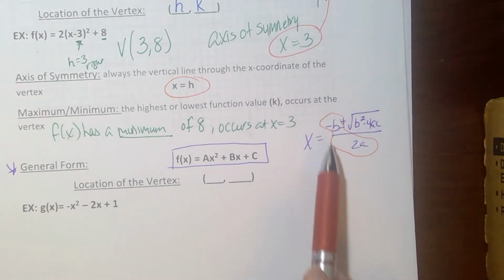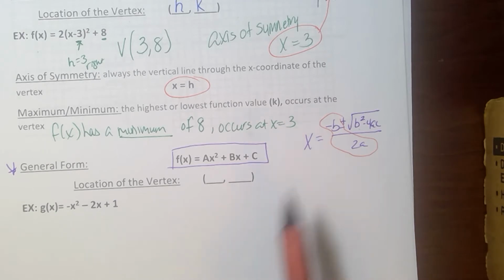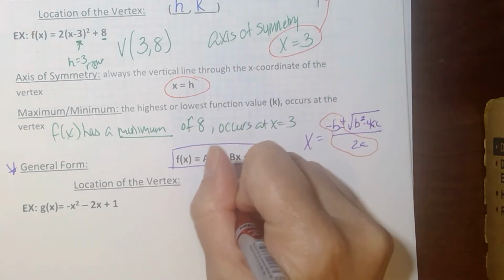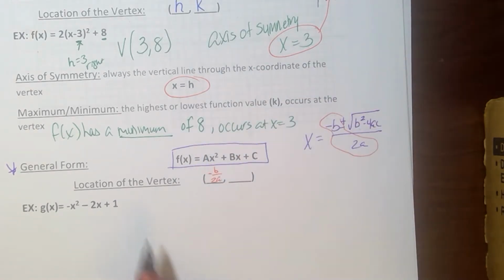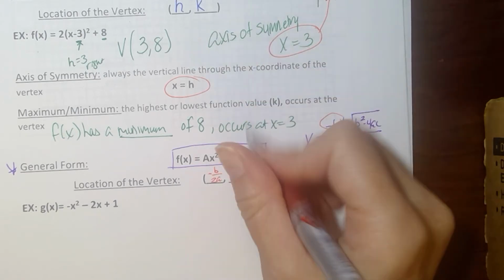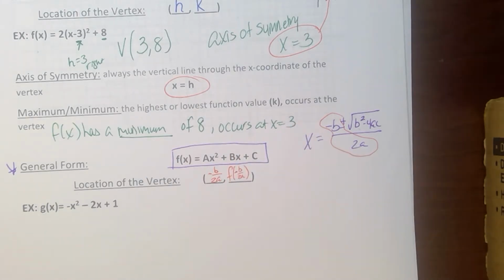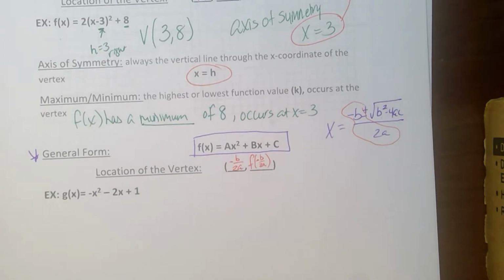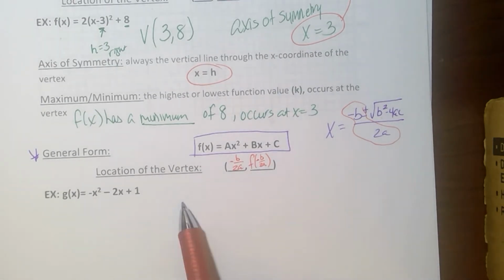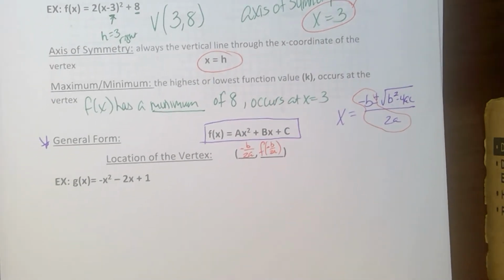This piece, negative b over 2a, gives me the horizontal shift of my vertex, the location of the vertex, when I'm in general form. Once I know this x value, I find the y value by plugging that into my function. So f at negative b over 2a is the vertical shift, or the y value of the location of the vertex. Let's figure it out.